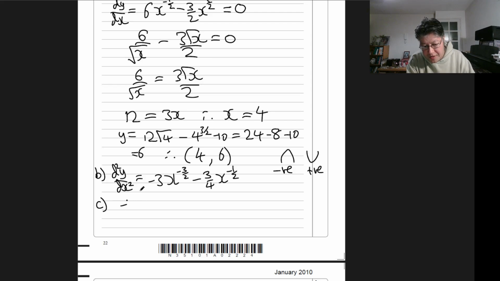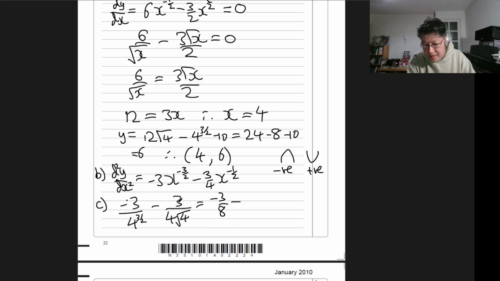So you get minus 3. This is a negative power, so that's over 4 to the 3 over 2 minus 3 over 4, that's 3/4, and then this is a negative power, so we're going to put that at the bottom. This is root x, so that's going to be root 4. And we can work this out. The bottom here, this is square root of 4 to 2 to the power of 3 is 8, so this is minus 3/8.